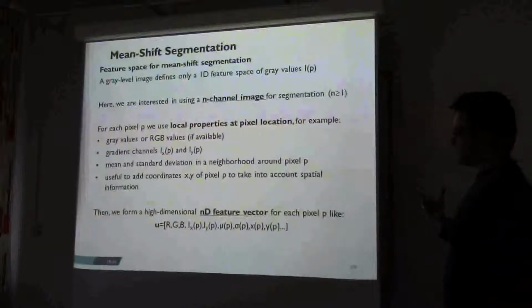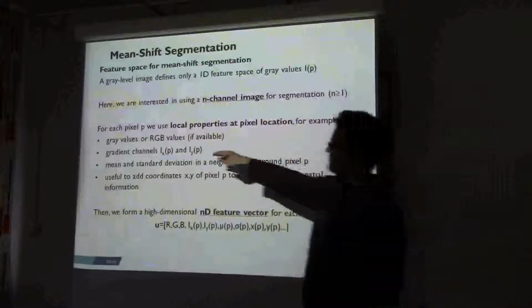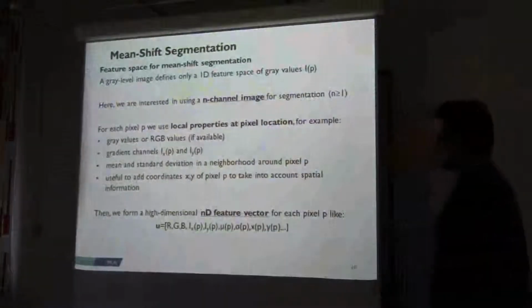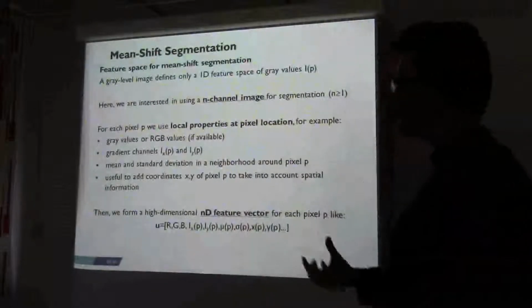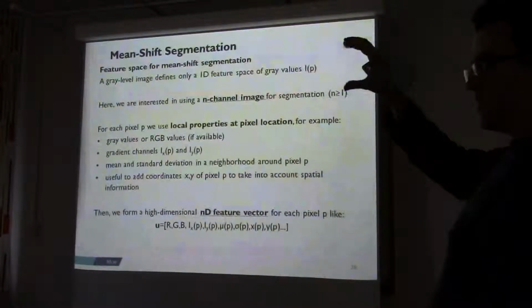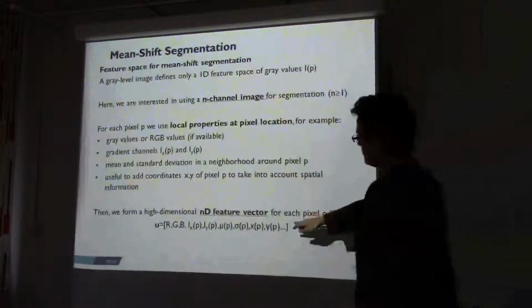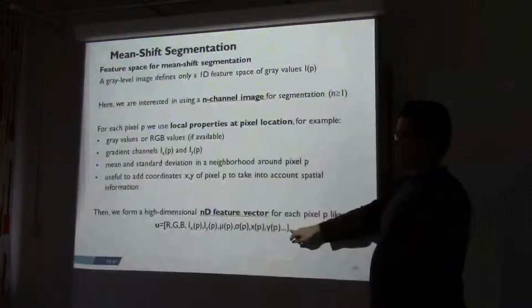If they are defined by different colors, we will see some examples later. Using just color information will work. If they are defined by texture information, you can extract texture in your image. Each region will have a different texture value, and then you put your texture value in this vector here.